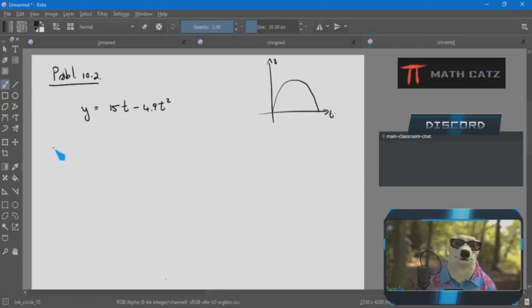I want to know when it reaches this highest point. Well, first I want to know what is the highest point. So I want to find the maximum y value. Now again, if I look at this function, it's not the one I drew. The function here mathematically goes on forever.